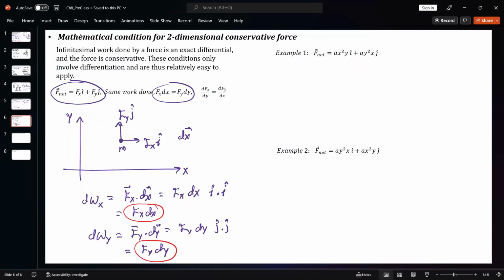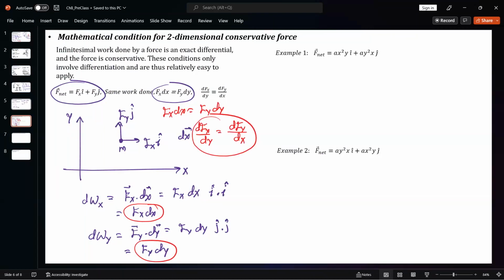So we can basically say now this fx dx should be equal to fy dy. I can convert this into a more applicable method. If I take the derivative d fx over dy, a small change, and then take the derivative d fy over dx, these two should be equal to each other. That's the idea, okay?